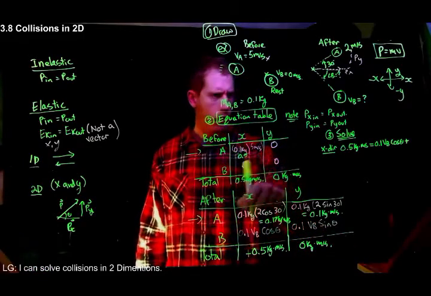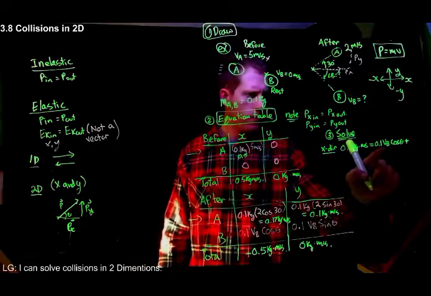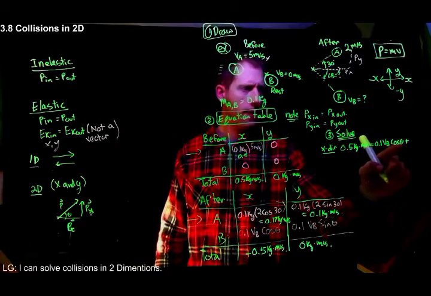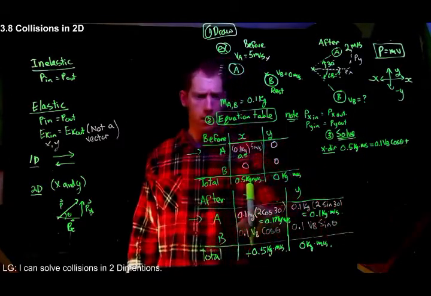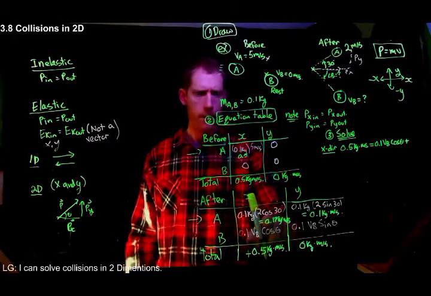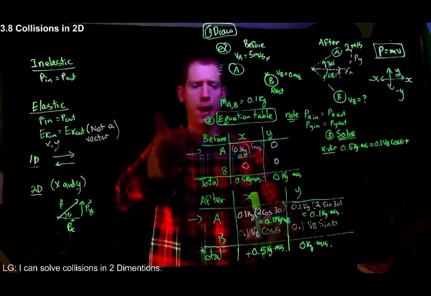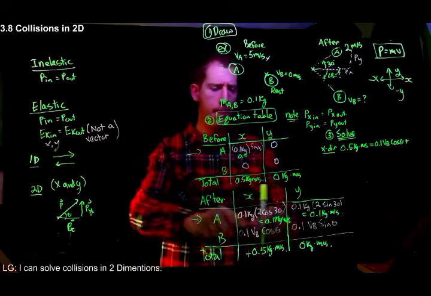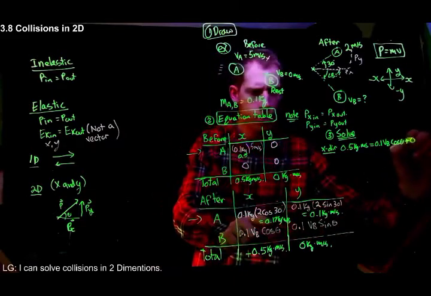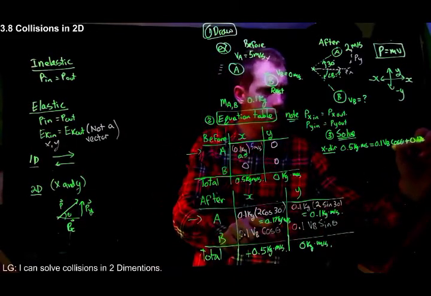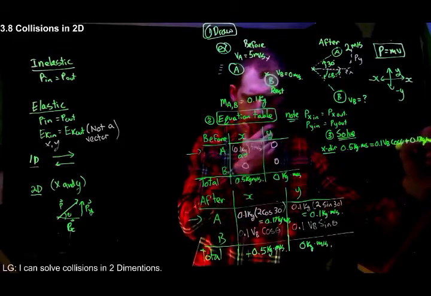In the x direction, we have 0.1 VB cosine theta plus this one right here. Because this is the x component, it must add up. So you're going to add 0.17 kilogram meters per second.